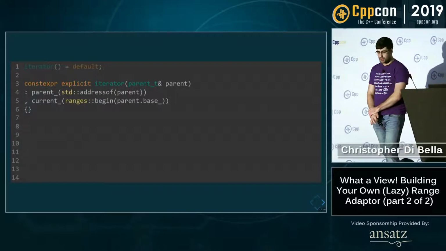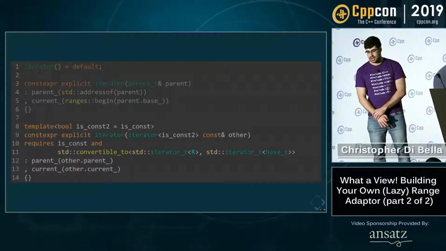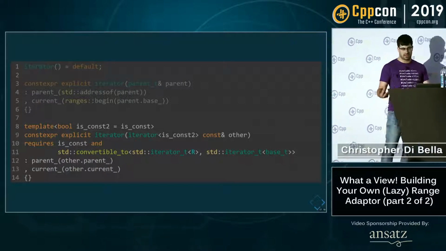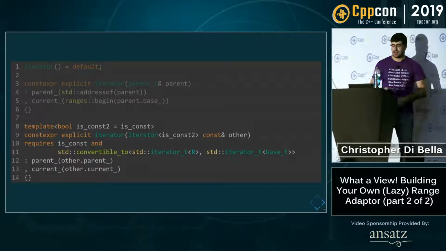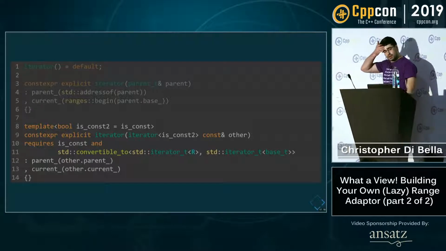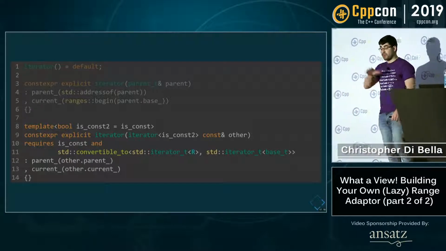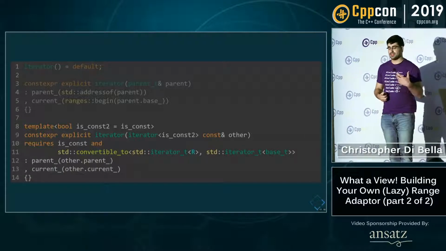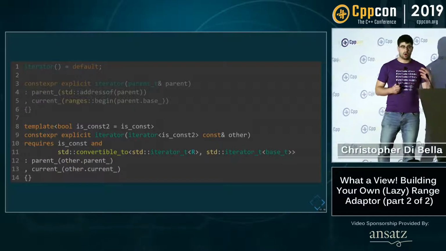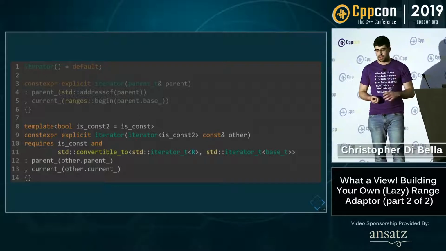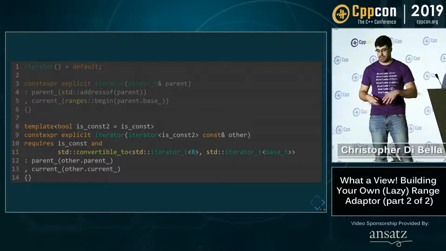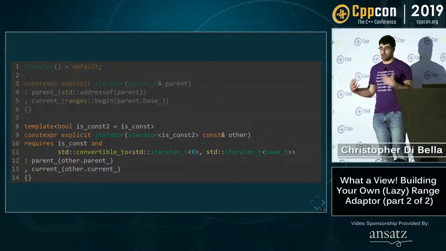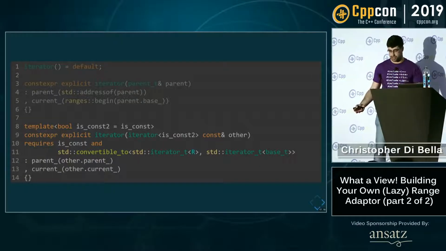Cool. So the next thing to look at is the non-const, that weird constructor. Sorry, I didn't talk about it earlier, I talked about the friend earlier. What we're going to do here is say that the const qualified iterator is allowed to construct an iterator from the non-const version of the iterator.